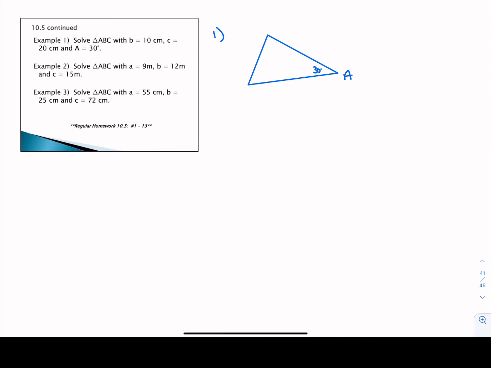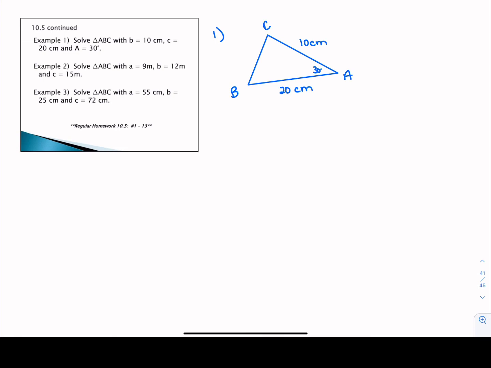I know I have side length B and side length C, so if I call this angle C and this angle B, this might be a reasonable depiction of our triangle, but we're really just not sure. B measures 10 centimeters, across from angle B, and side C measures 20 centimeters, across from angle C, of course.